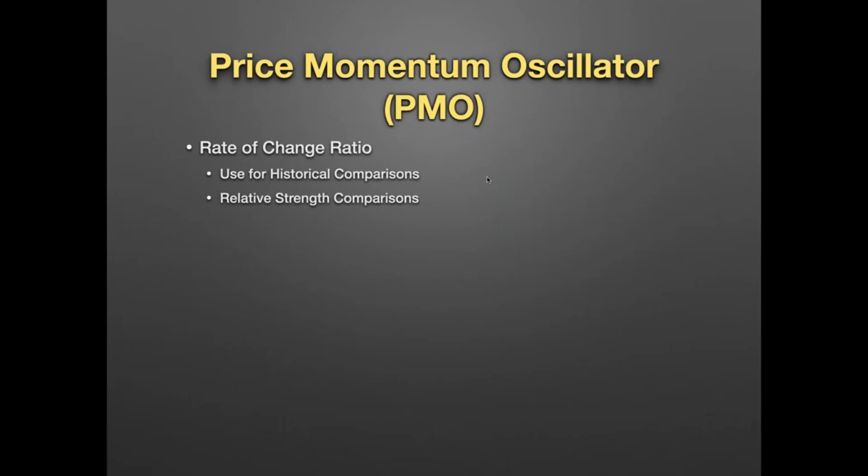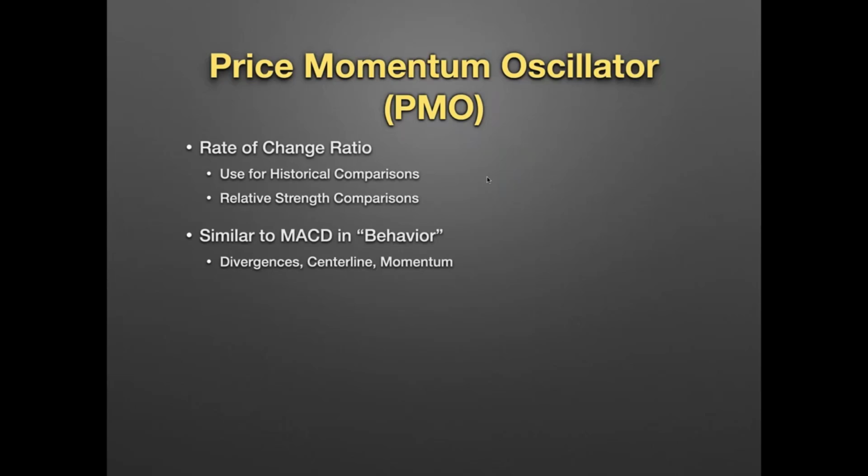You can actually take the value of the PMO on one stock and compare it to the value of the PMO on another stock and understand relative strength. One is relatively stronger than the other if the PMO value is higher. So it's a really nice indicator that way because with the MACD, you can't do that. It's very similar in behavior.